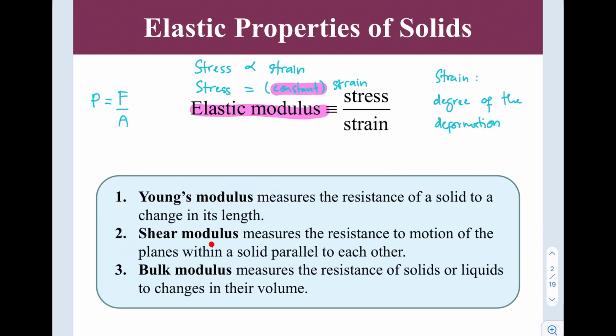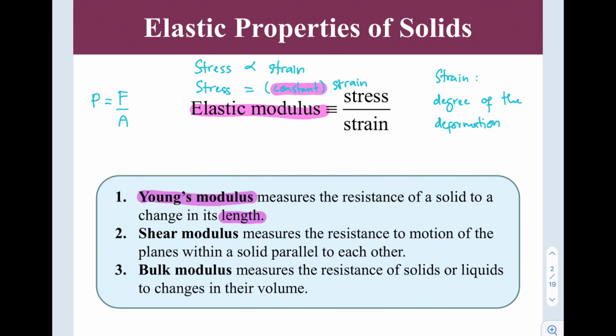Shear modulus measures the resistance to motion of the planes within a solid parallel to each other. In simple terms, shear modulus is about change in shape. The third one is bulk modulus, which measures the resistance of solids or liquids to changes in their volume.